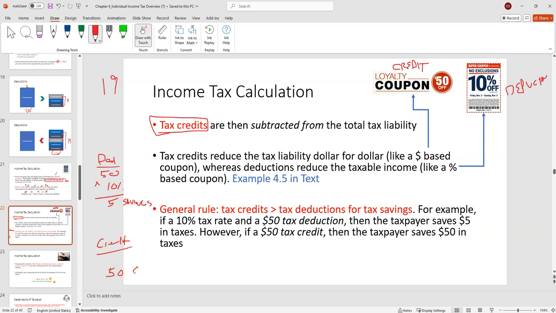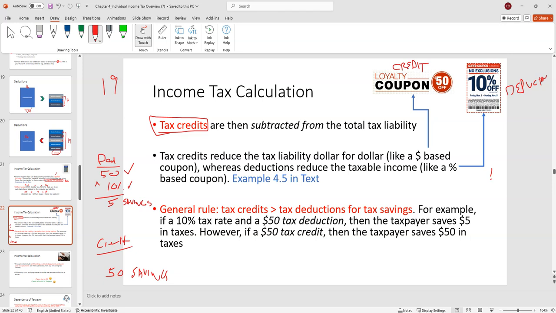It's going to be $50 in savings because it directly, right off the bat, reduces your tax liability, right? So the power of a deduction, how good it is, is basically a function of the amount of the deduction and the marginal tax rate. Generally, credits are going to be better, but there are situations where they may not be, right?